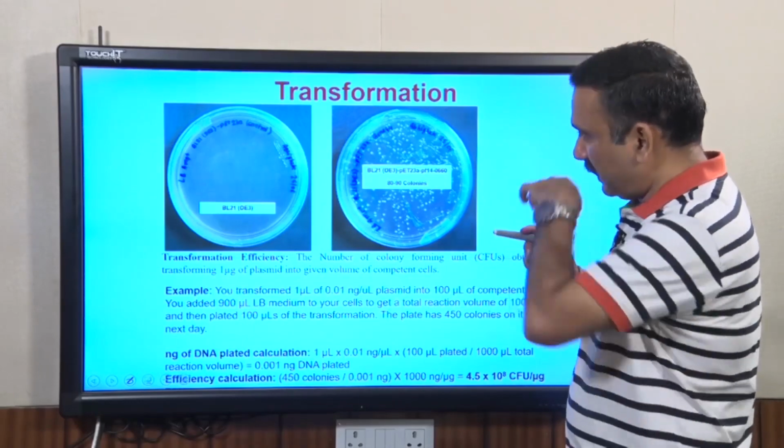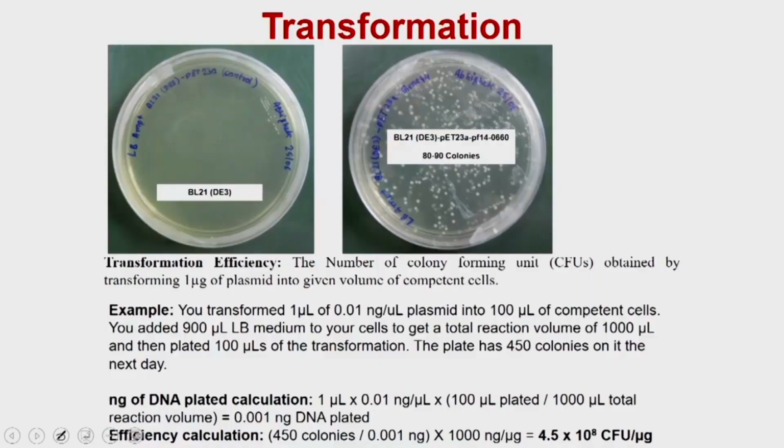And this is what you are going to see when you do a transformation. You are also going to do a control transformation where you take the competent cells alone.